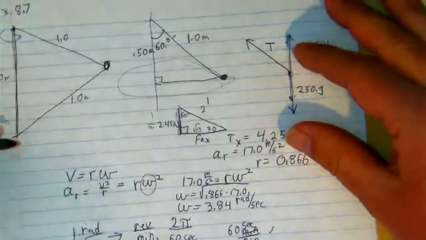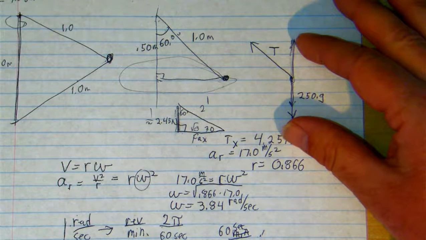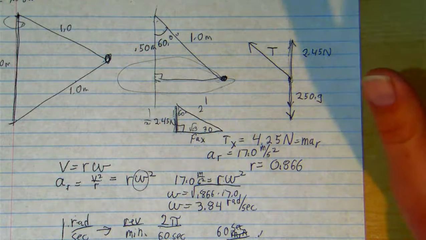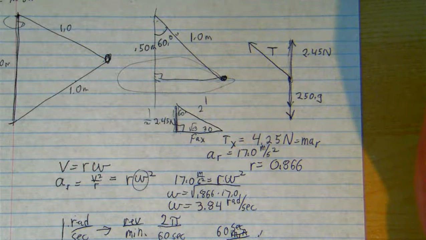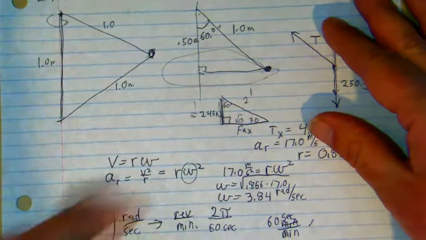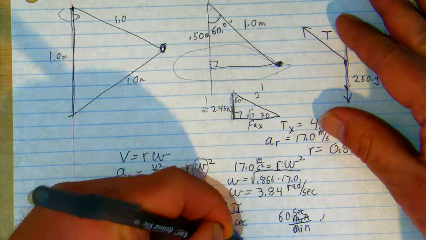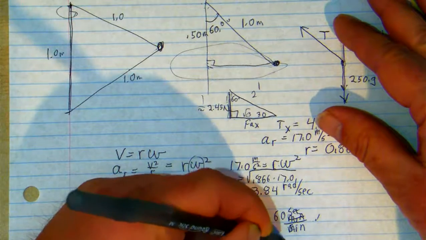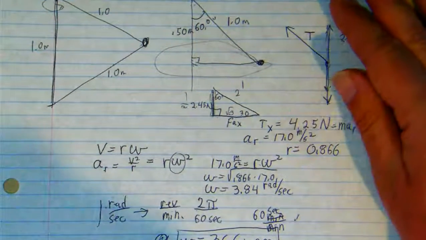Multiply by 60 divided by 2 pi. 3.84 times 60 is 230 radians per minute. Divide that by 2, divide that by pi, and I have the rate is 36.6 revolutions per minute. And how does that compare with our publisher's answer key?